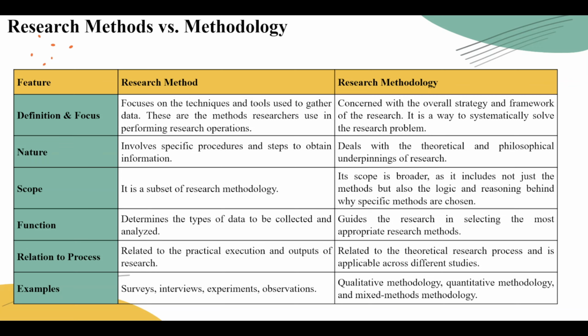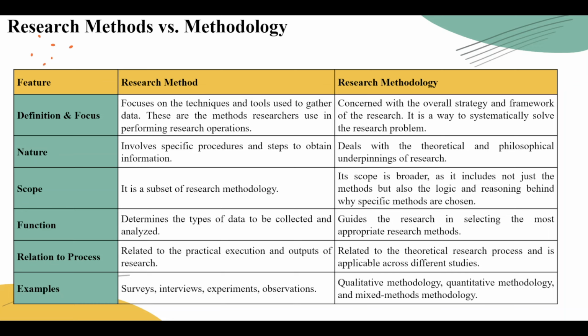Moving down the table to function, the function of a research method is to determine the specific types of data to be collected and analyzed. Meanwhile, the function of research methodology is to act as your strategic guide. It guides the research in selecting the most appropriate research methods for the complex tasks at hand.